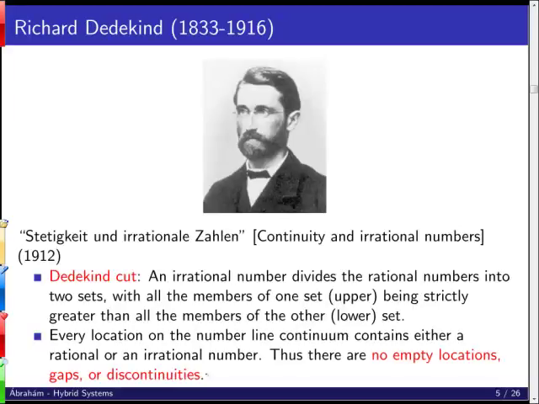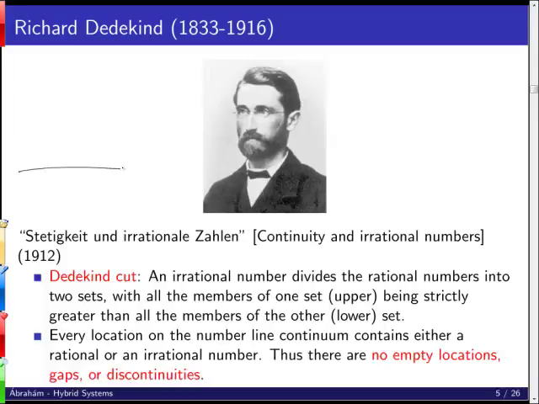Then, from the natural numbers, the next part went to extending the natural numbers. That means if we take the rational and irrational numbers, then we have something without gaps. Especially, an irrational number divides the rationals into two sets.